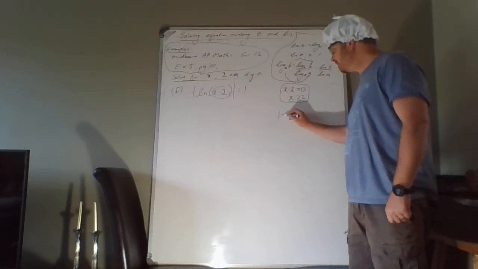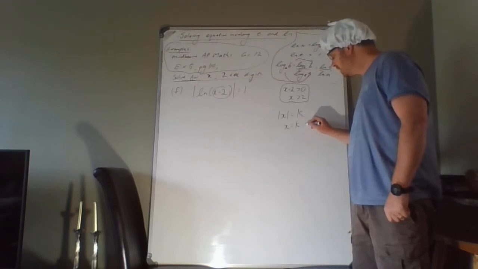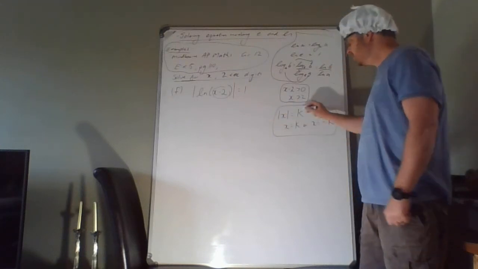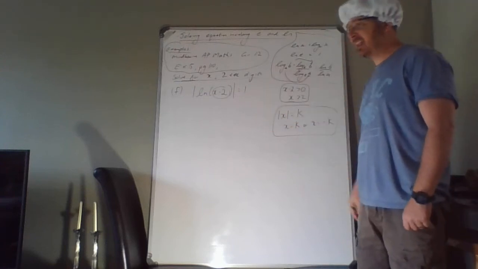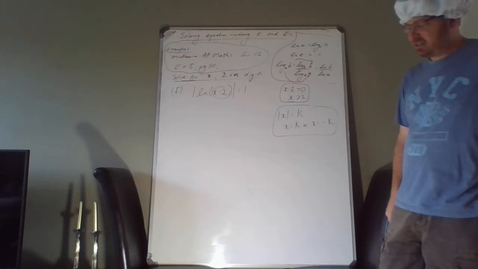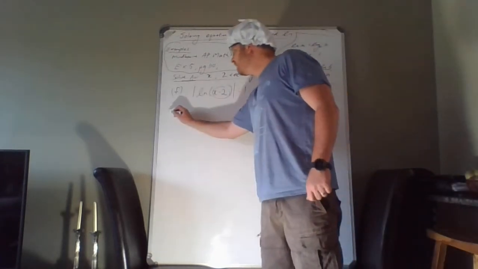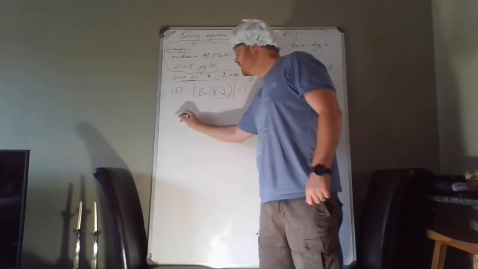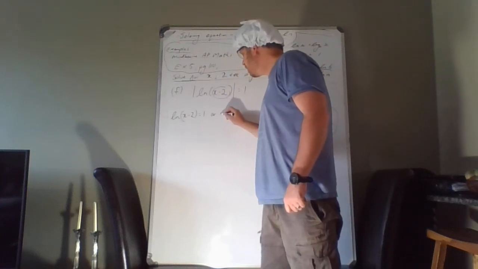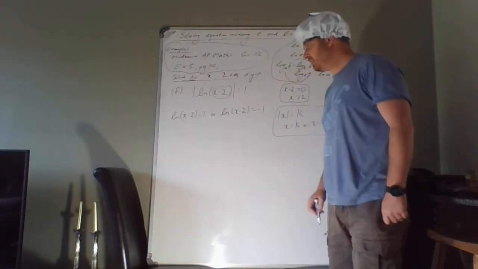Then, remember that if the absolute value of x is equal to k, then x could be k, or x could be negative k. So go use that idea to get the next line. You're going to end up with 2 log equations, then go solve those separately. So, if the absolute value of ln x minus 2 is equal to 1, it means that ln x minus 2 is equal to 1, or ln x minus 2 is equal to negative 1.